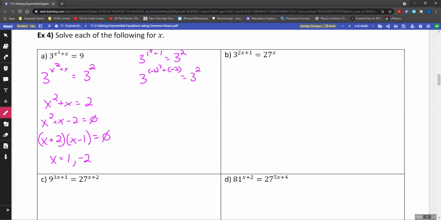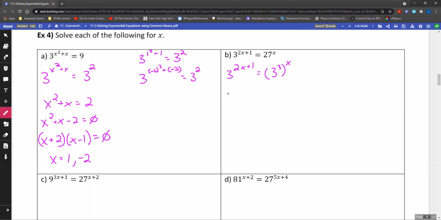All right. From here on out, I'm not going to check my answers, but you should get into that habit of making sure that you quickly double check that the numbers plug in properly. All right, so for here, once again, I'm not going to change the 3. I'm going to leave it by itself, but I am going to turn the 27 into 3 cubed.